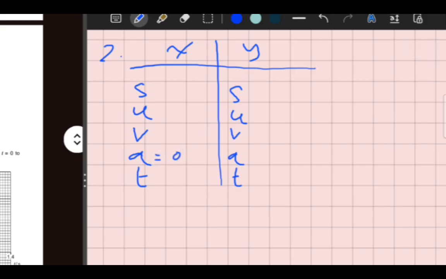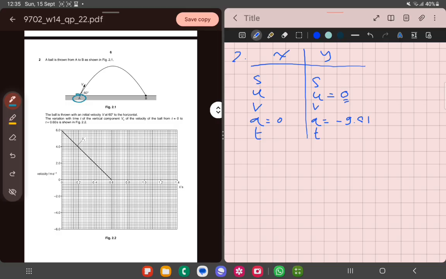Now, first of all, let's draw the x and y component table first. And list down the generally known variables such as ax equals 0, ay equals negative 9.81, and the initial velocity of the y component is 0. Next, list down the variables given from the question.